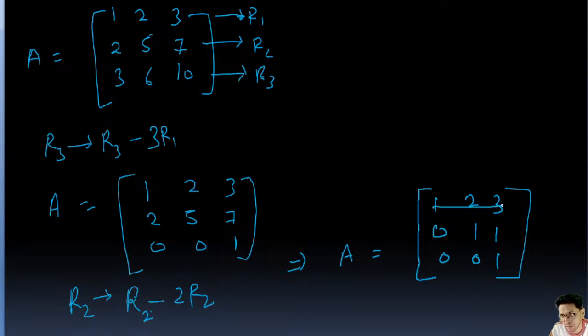This is one row which is non-zero, this is the second row, and this is the third row. So the rank of the matrix is 3, because the number of non-zero rows in the upper triangular matrix is 3.